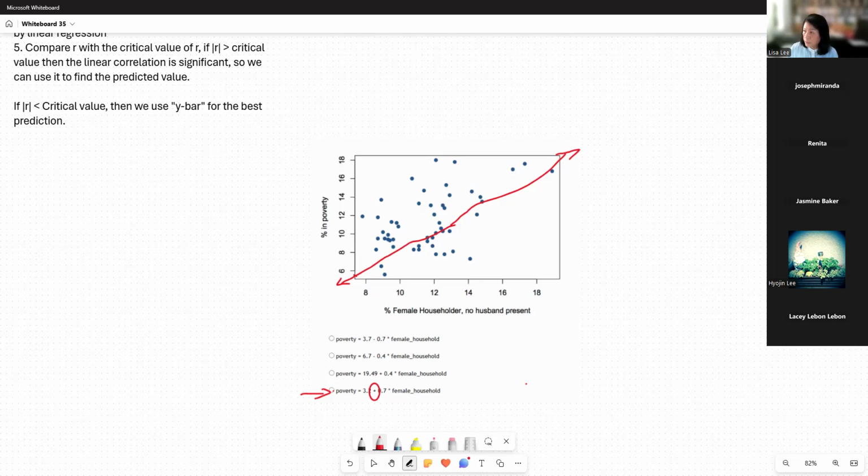Let me go look at another one. Another one is using your technology to find the linear correlation when you are given original data. For example, question 4. Look at question 4. I need your help to do this together because we have a lot of data here, right?